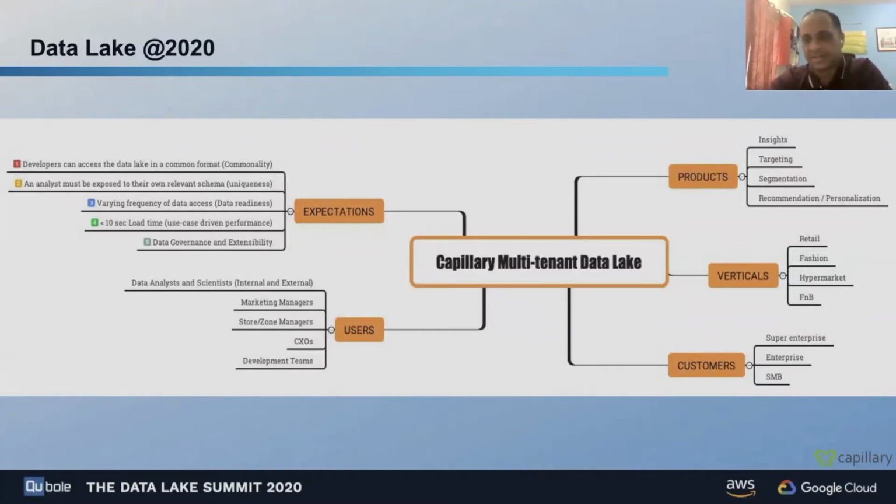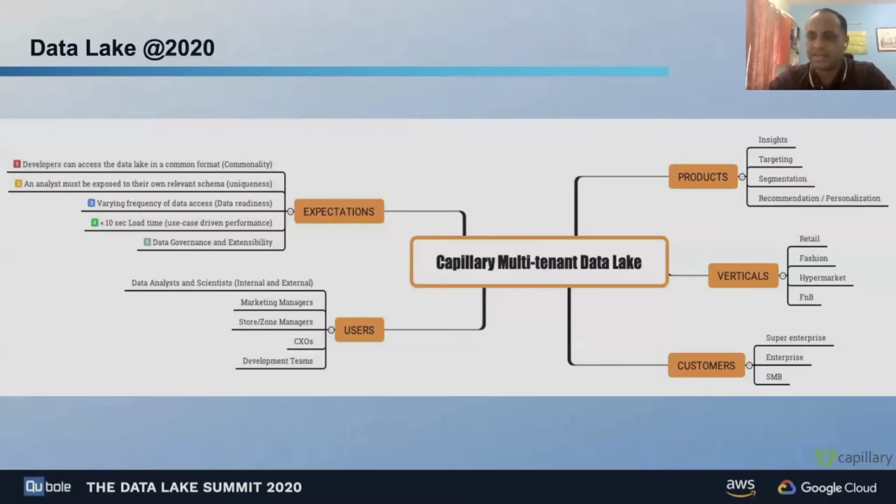Then there are added complexities of verticals. We serve at the moment retail, fashion, hypermarket, food and beverages, quick service restaurants, jewelry, and a few other verticals as well. The whole reason for having a multi-tenant data lake is that there are commonalities between these verticals, right? Essentially, customers come and shop in the stores, and their transactions are captured in some format.